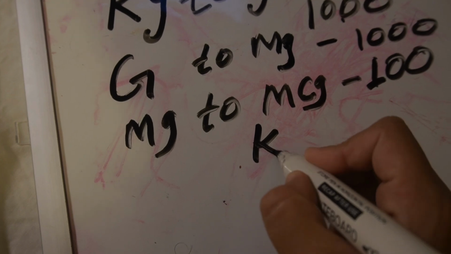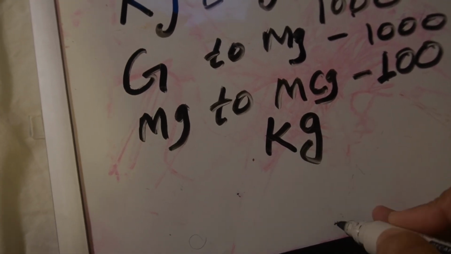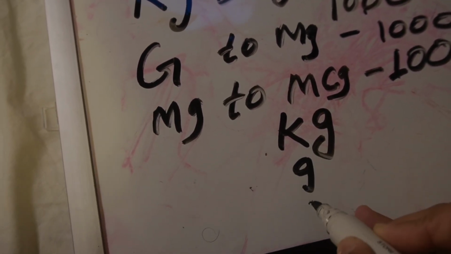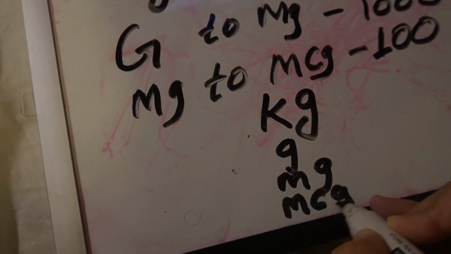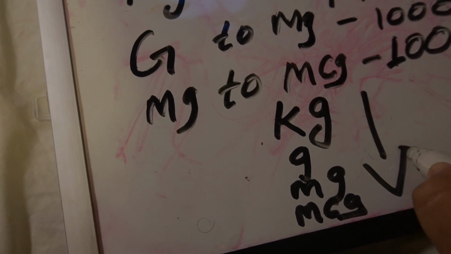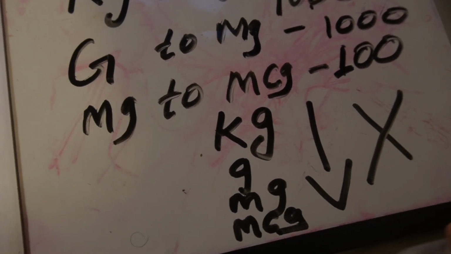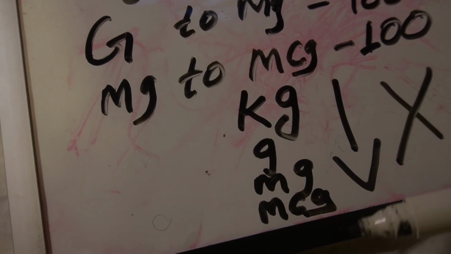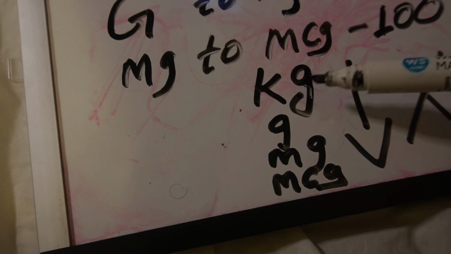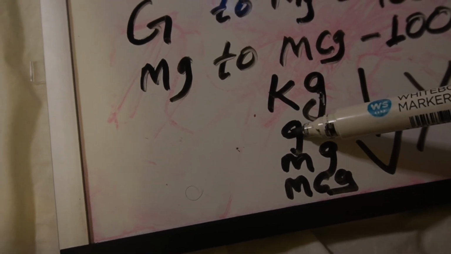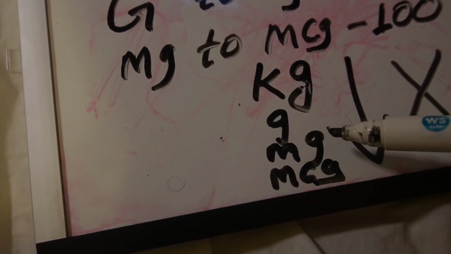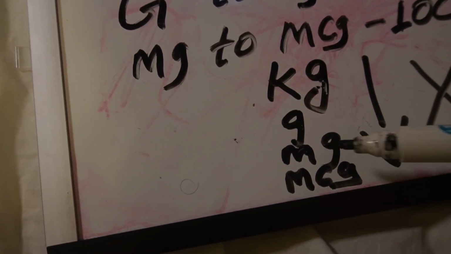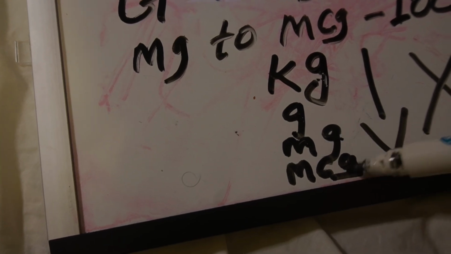When we go from a big unit to a smaller one, like kg to gram, gram to milligram and milligram to microgram, we need to multiply. When we go down, we multiply.